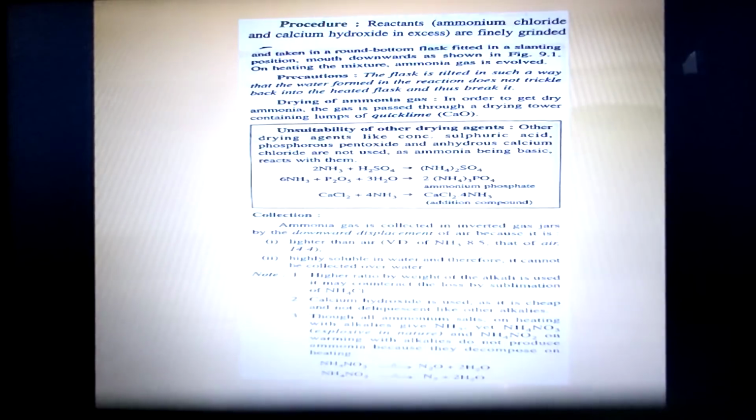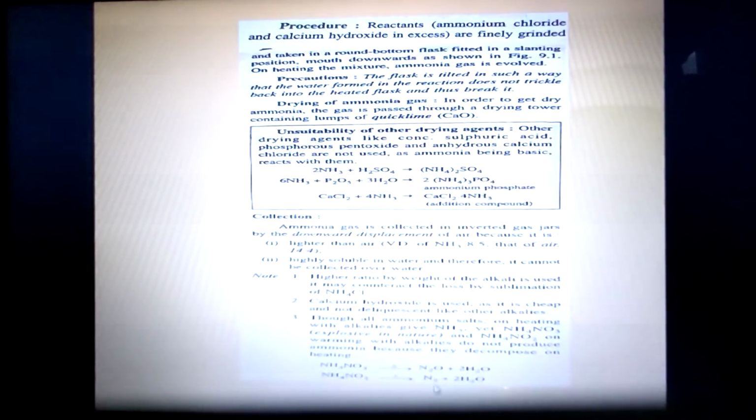And the third point tells you why ammonium nitrate and ammonium nitrite should not be used. When you heat ammonium nitrate, you can see on the product side that nowhere is ammonia gas evolved. On heating, it gives you nitrous oxide. Similarly, ammonium nitrite does not give you ammonia gas, but it gives you nitrogen gas.